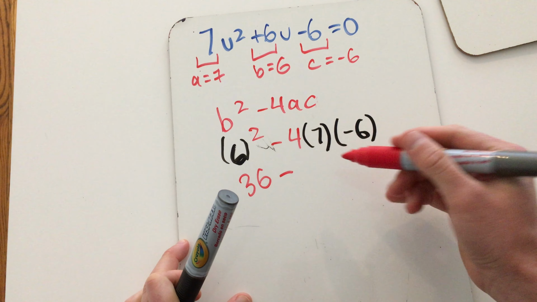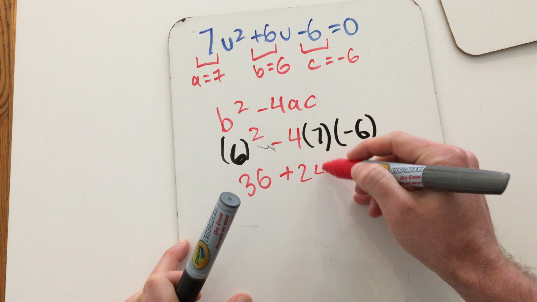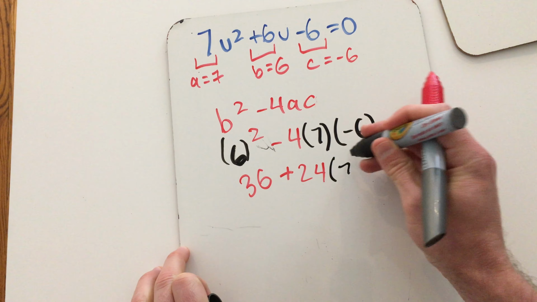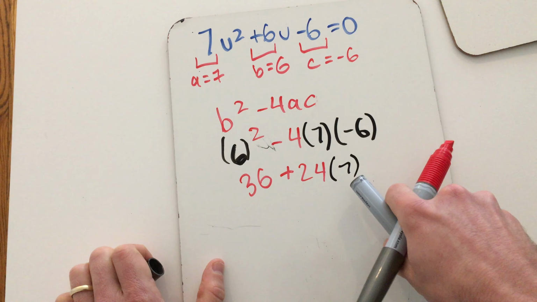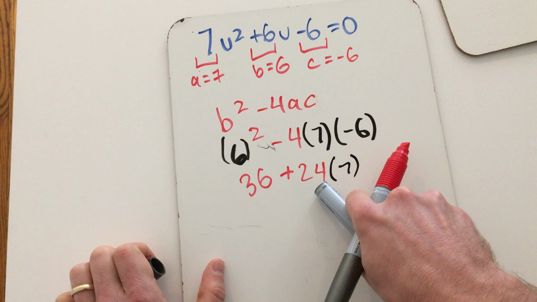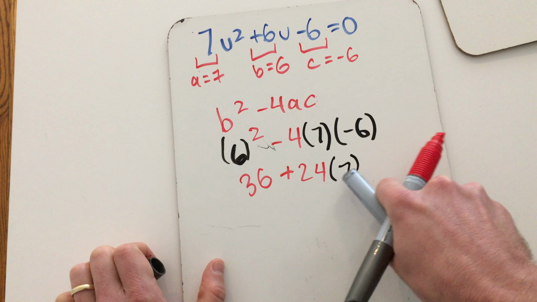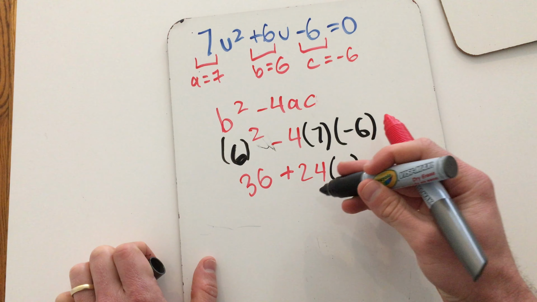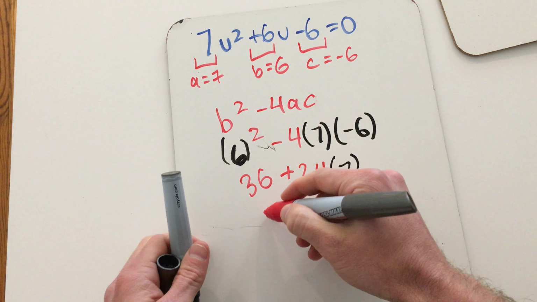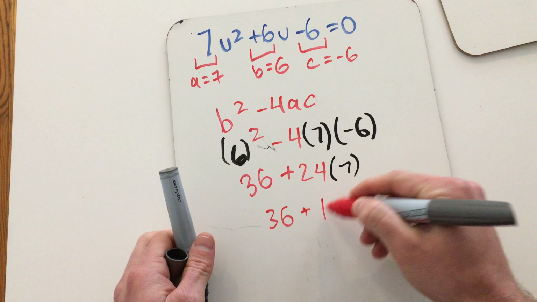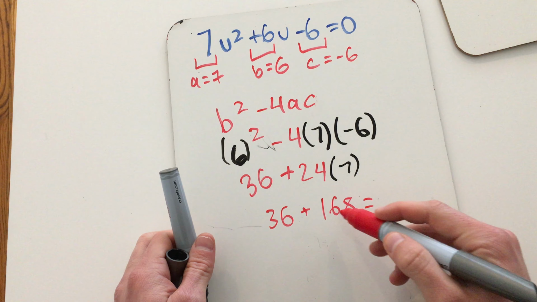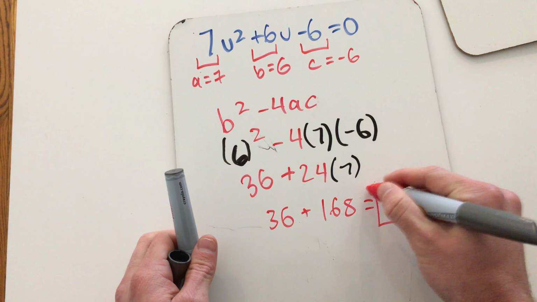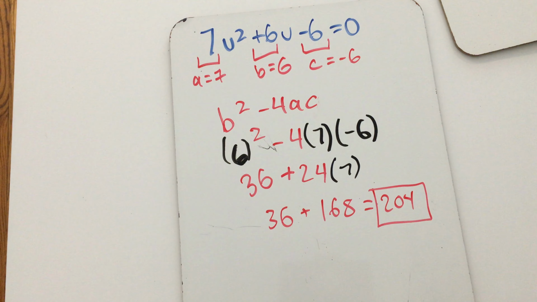And positive 24 times 7. Feel free to use a calculator to do this, but 7 times 4 is 28, and 20 times 7 is 140, so 140 and 28 would be 168. So this should be 36 plus 168, which is 204. So the discriminant is 204.